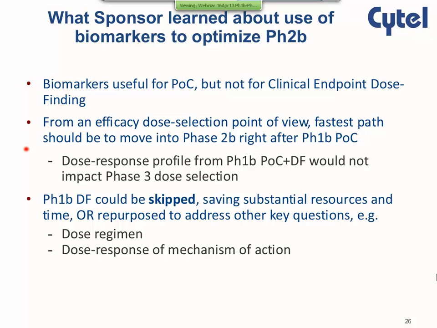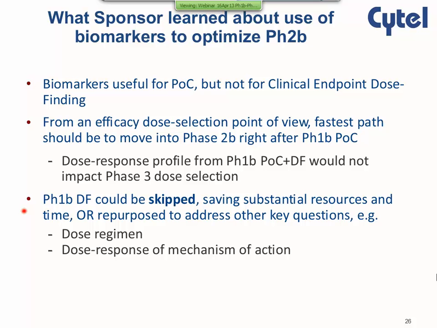The dose-finding profile from the POC plus dose-finding phase 1 information would not materially impact the phase 3 dose choice. So the phase 1B dose-finding trial could be skipped, and that could result in substantial savings of resource and time.